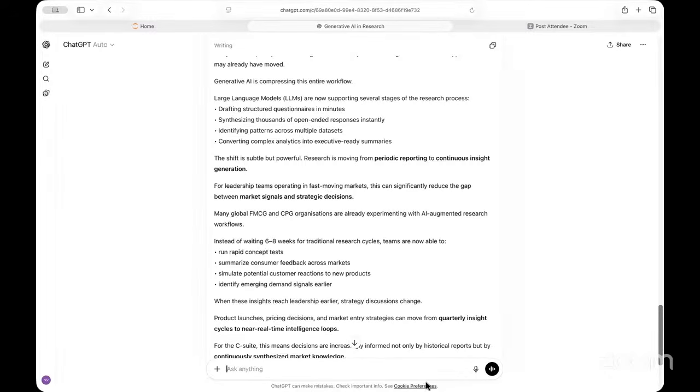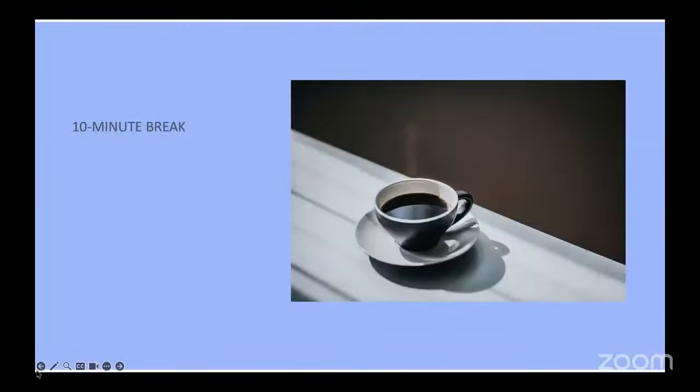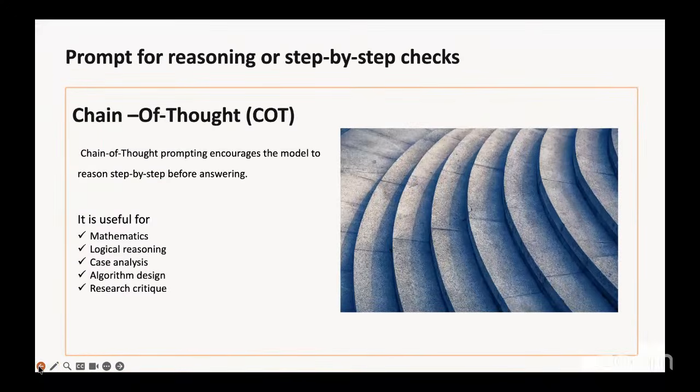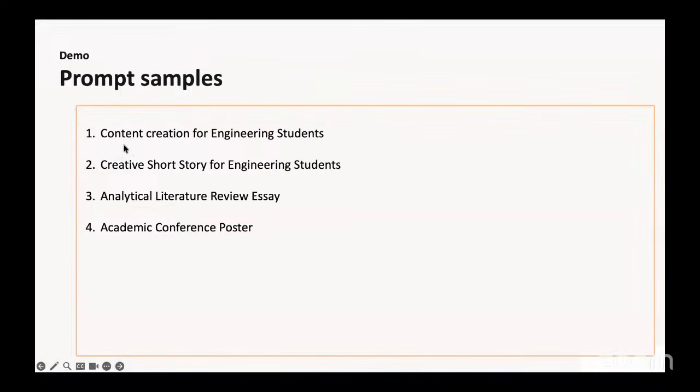So now let's look at another task. We are going to design another prompt. Okay. So content creation. So basically we have done this. This is done. So we have basically created content for a class. Okay.